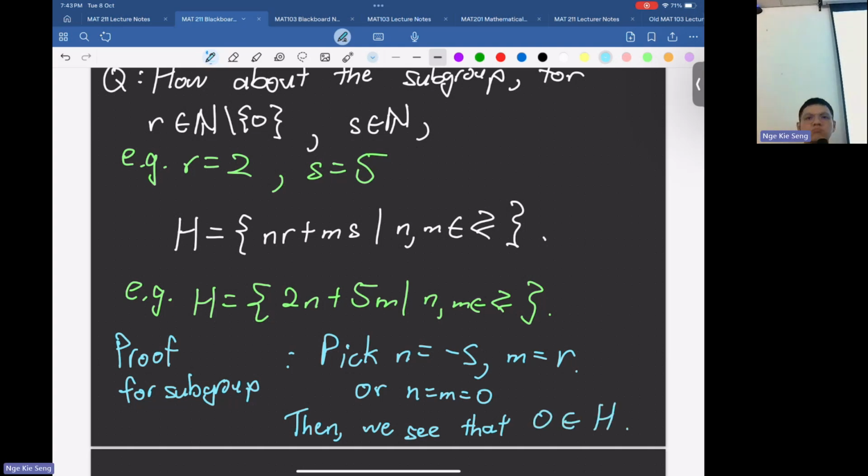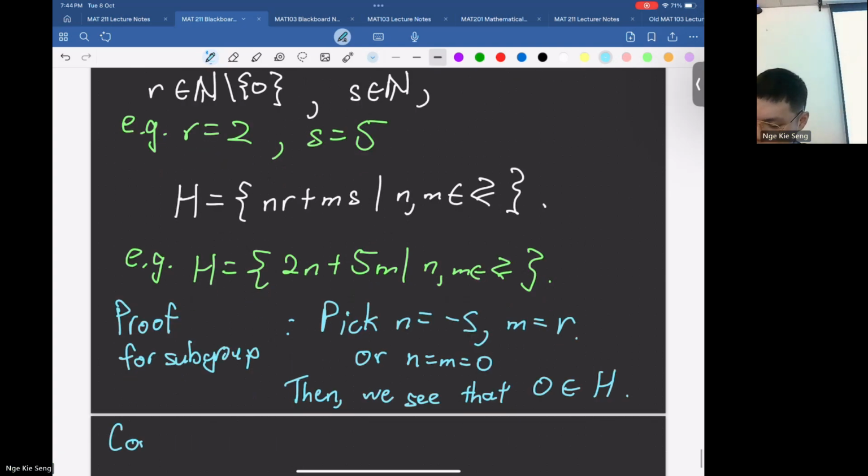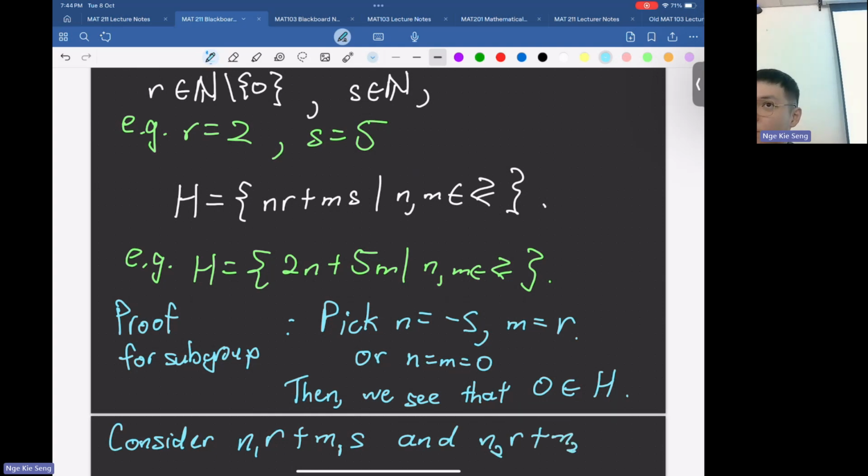And then you need to do closure. Closure is easy, or not? Let's say you have two numbers in this form. So consider n1 r plus m1 x and n2 r plus m2 x. What do you need to do?